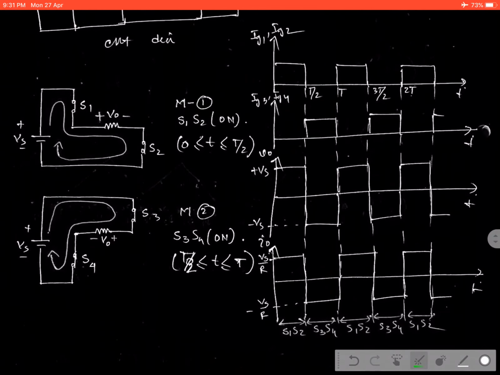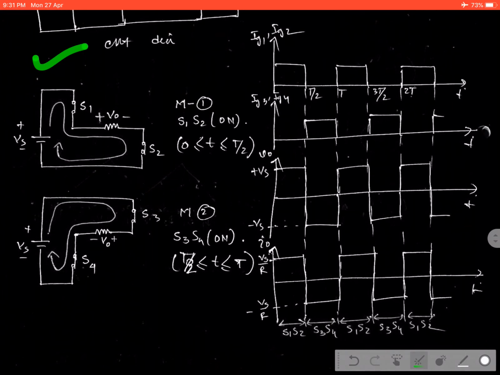Okay, this is the first mode operation and this is the second mode operation, and these are the respective output waveforms, output voltage and current. Here we are using two switches, so we should give the triggering pulse to switches S1 and S2 at the same instant, and likewise for S3 and S4.